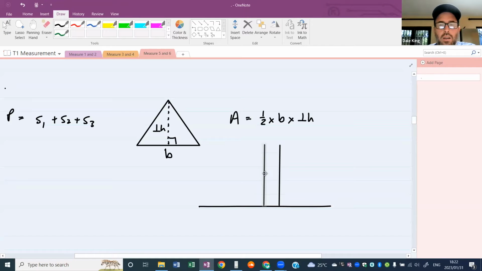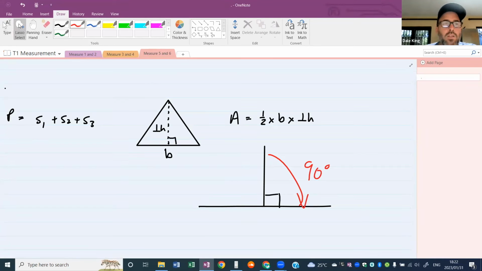So those two lines meet perpendicularly. They're exactly at 90 degrees. And how we know they are 90 degrees is we draw a little box there, which shows that these two lines are perpendicular to each other. This angle here is 90 degrees. So those two lines are called perpendicular lines.